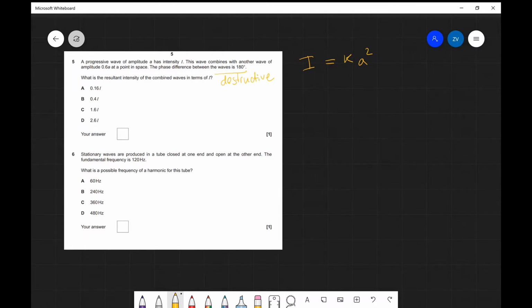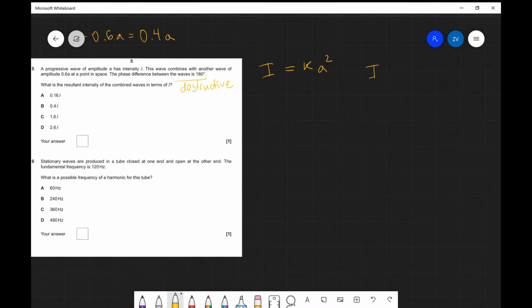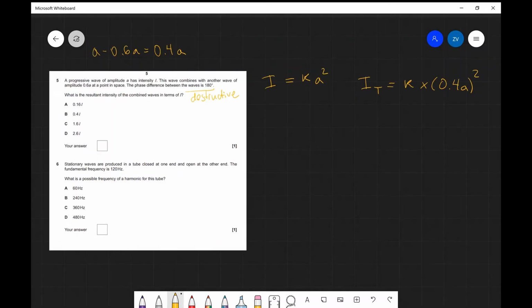This means that a peak is going to meet a trough, which means that the resultant amplitude is going to be A minus 0.6 A, which is going to give us 0.4 A. Okay, so let's say that the total intensity, I total, is going to be K multiplied by 0.4A, and then all of that we're going to square, like so.